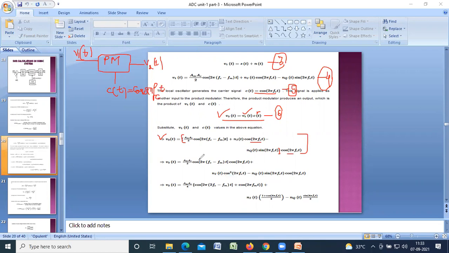Okay. Now here you have to apply the formula for cos a cos b.